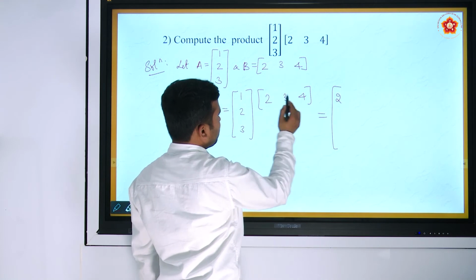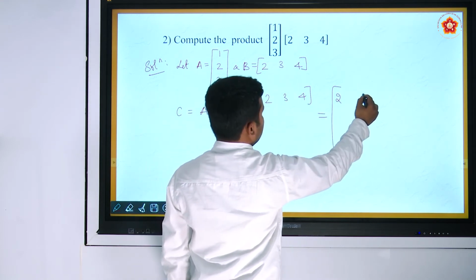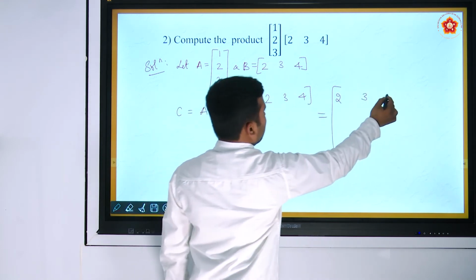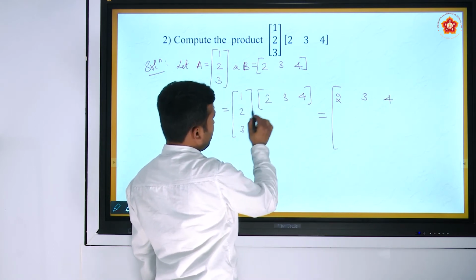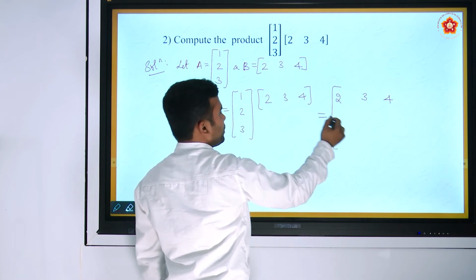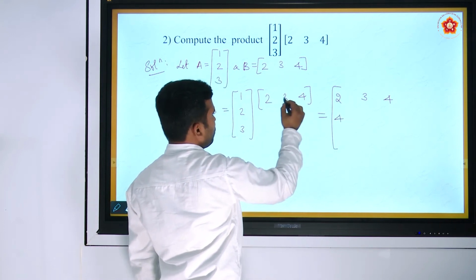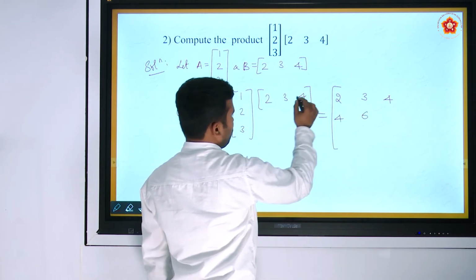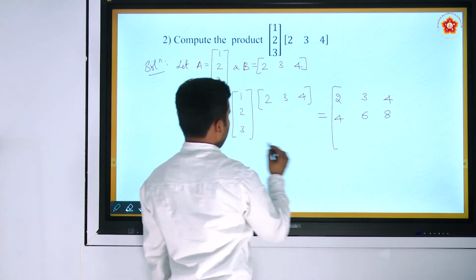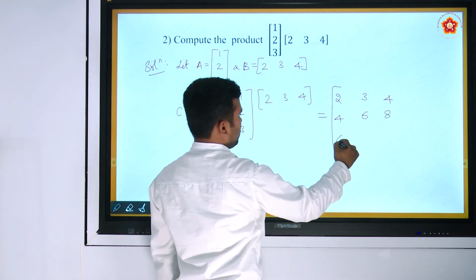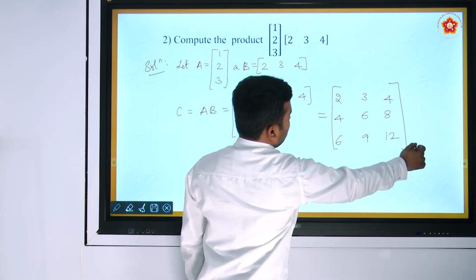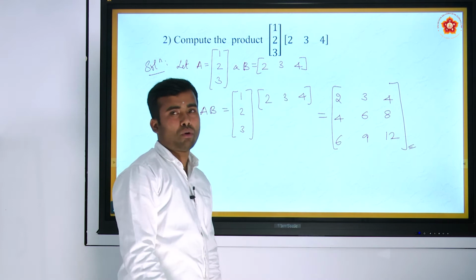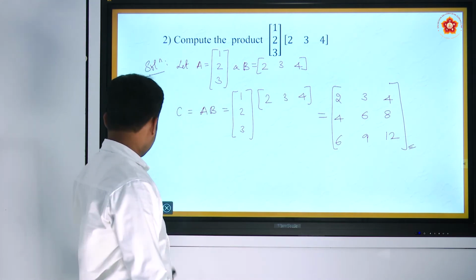Next first row into second column, 1 into 3 is 3, 1 into 4 is 4. Next second row, first column, 2 into 2 is 4, 2 3 is 6, 2 4 is 8, and here 3 2 is 6, 3 3 is 9, 3 4 is 12. This is the product matrix C, the product of A into B.